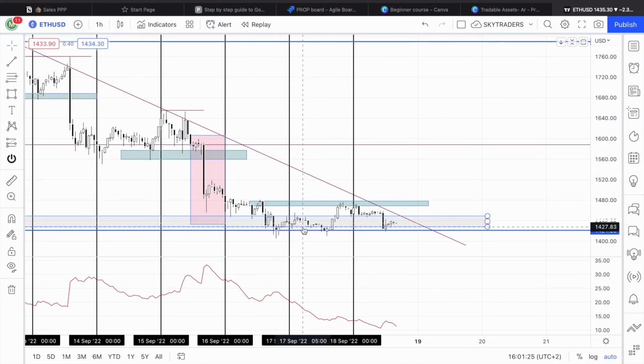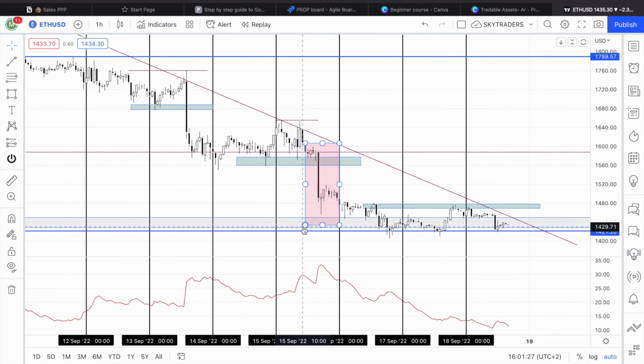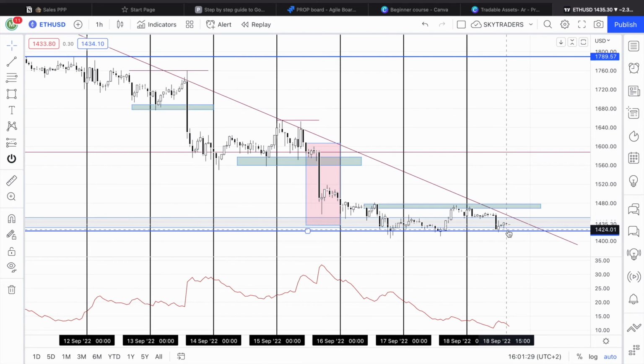So if we're going to continue in the sell model or follow this trend line to the downside, we can expect consolidation, maybe tomorrow, maybe today, and breaking this market structure with a high pressure sell candle.